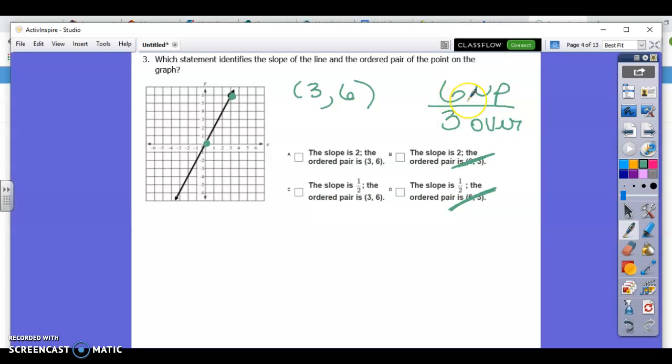What I want to do is always simplify this. So 6 divided by 3, I know that 3 goes into both of these. So that would give me 2 over 1, or just 2. So my slope is 2, and the point is 3, 6.